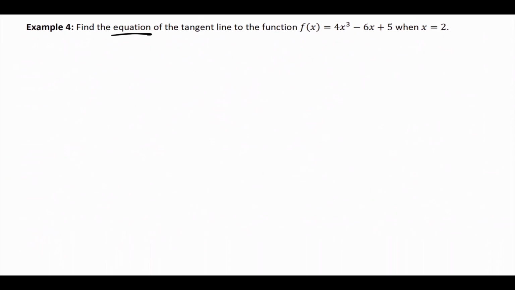To get a slope, I'm going to use the derivative. The function's over here. F of x is right here. So the derivative is going to be 12x squared minus 6.